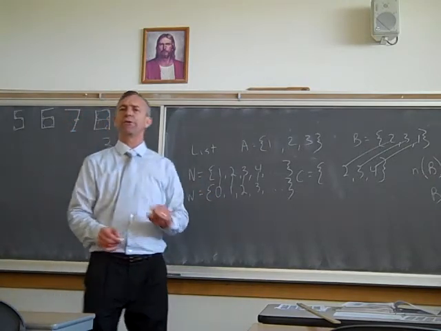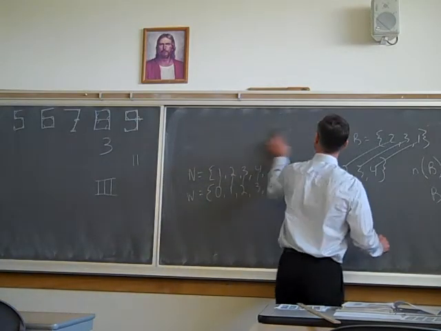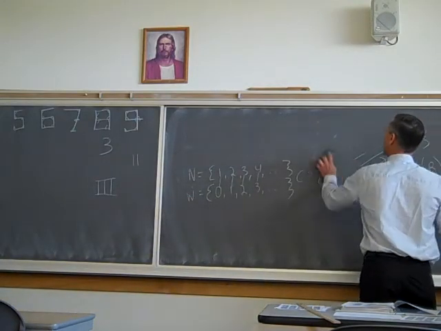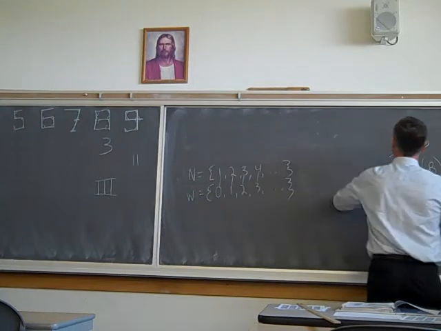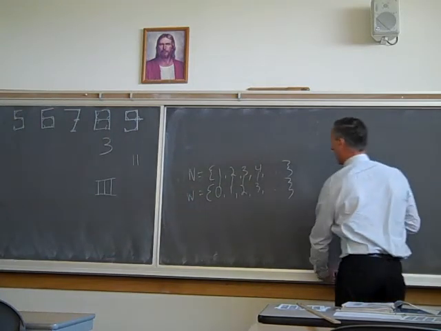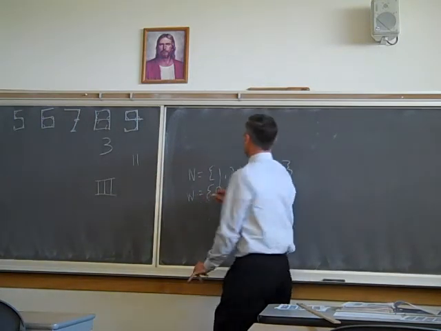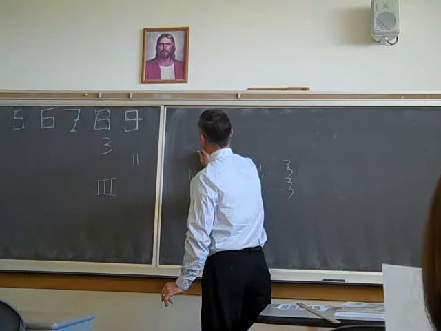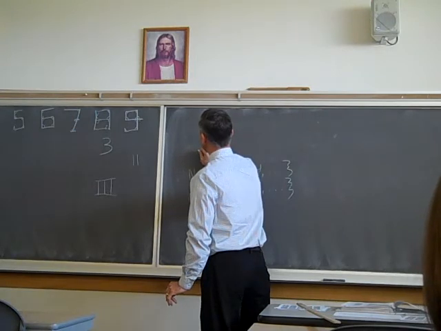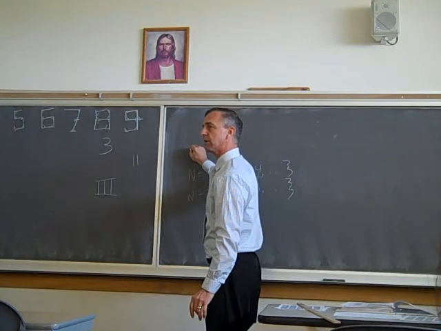What about the integers? Is the integer set bigger than the counting set? Somebody said, oh, it goes infinitely in both directions. So when I put the integers, what letter did we give them?